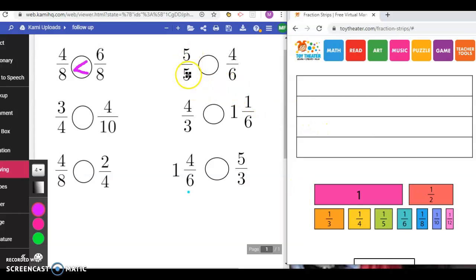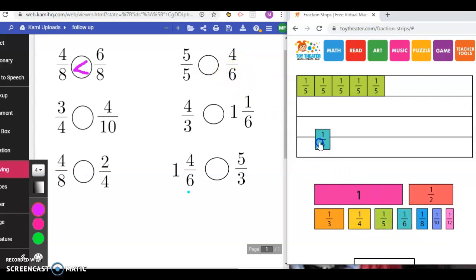Let's look at the next one, 5/5. Now remember, if your numerator and denominator are the same numbers, that equals the same as a whole. So we have 5/5, and now we have 4/6. Now remember, I told you, the bottom number here is a 6, does not mean that it's a bigger number.